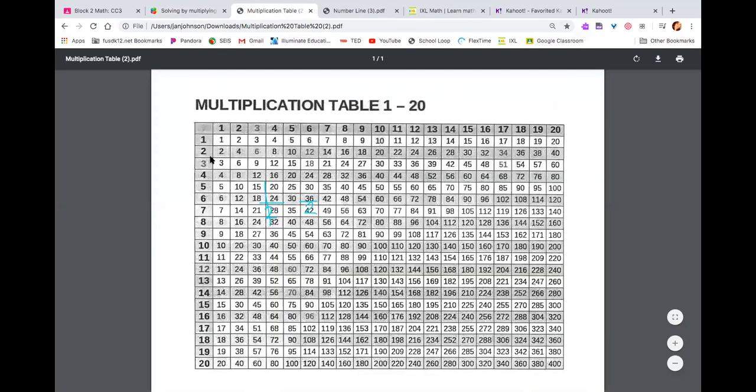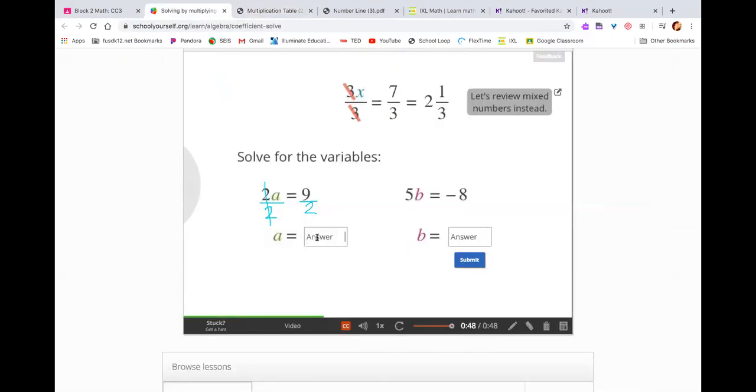I'm looking over here. Can I divide 9 by 2? I see 6, 8, and 10. Is there 9? No. So we cannot divide 9 by 2. So I'm going to leave my answer 9 over 2.